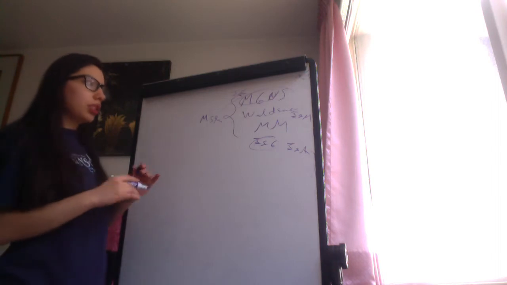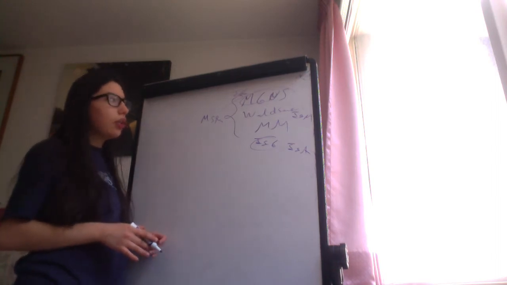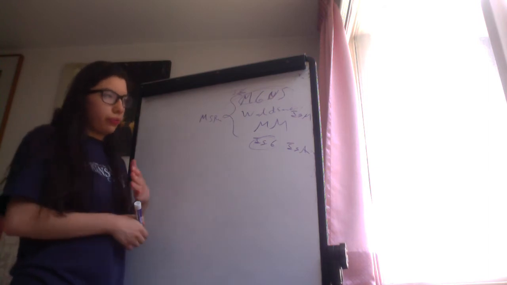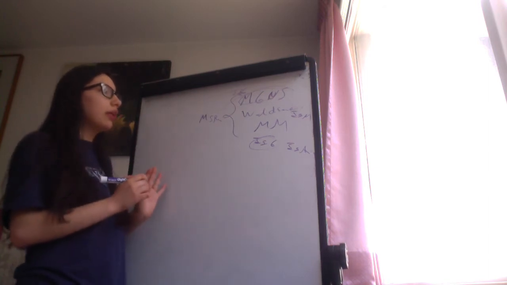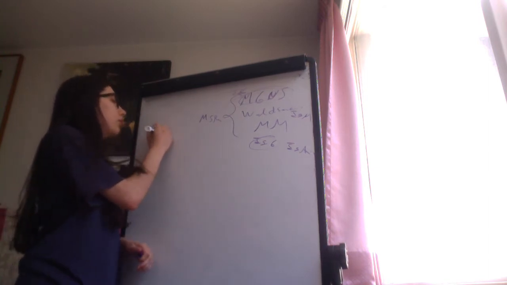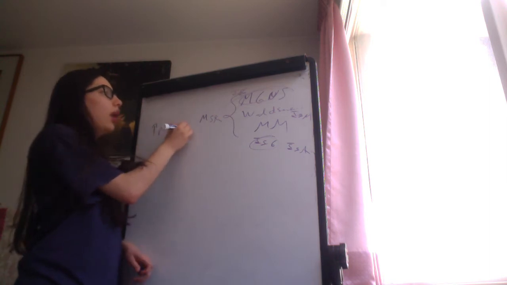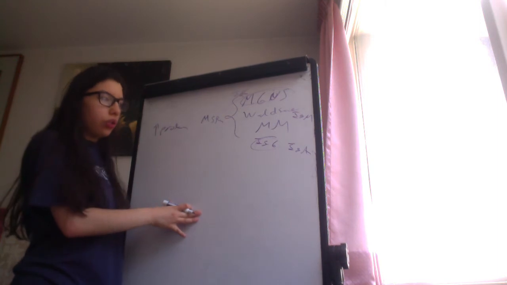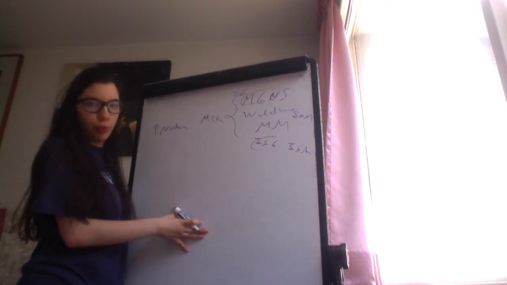Now, MGUS is completely asymptomatic. The only thing is that routinely, or for some other reason, we find an increase in proteins, and so we will do the bone marrow biopsy in order to rule out multiple myeloma.